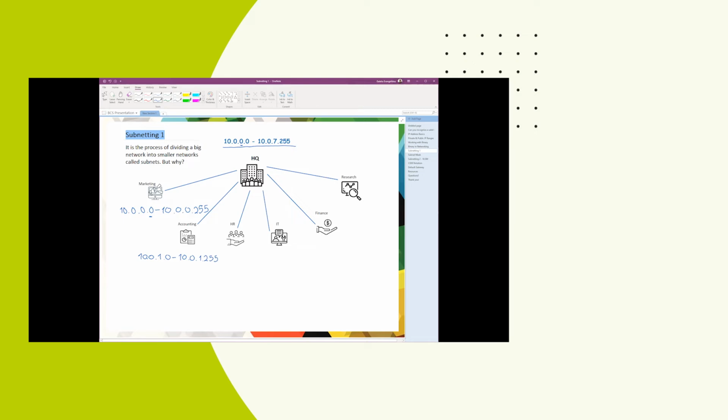Could anyone do the rest in the chat just to make sure that you can follow me? And I'll do it at the same time with you. So for HR, the engineers are going to give 10.0.2.0 up to 10.0.2.255. For IT, 10.0.